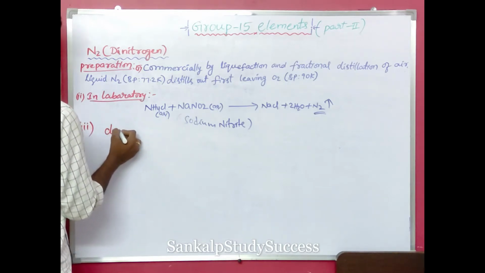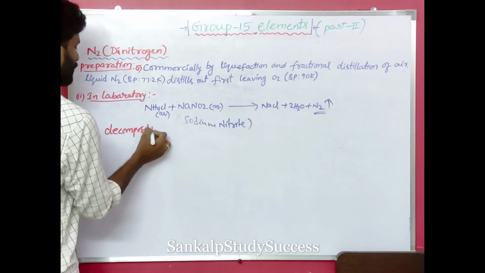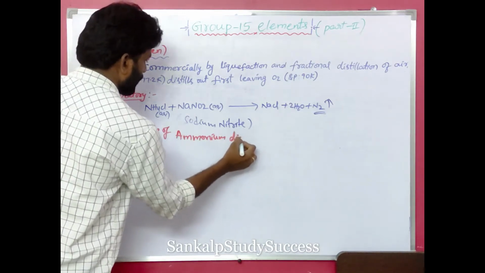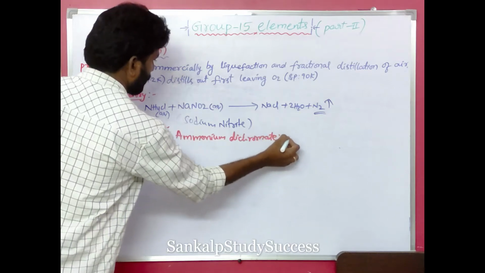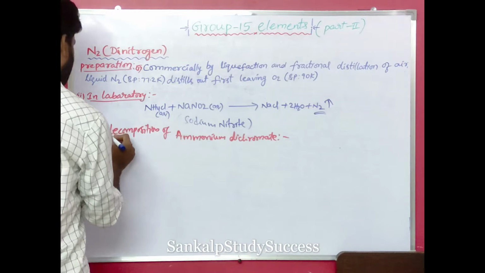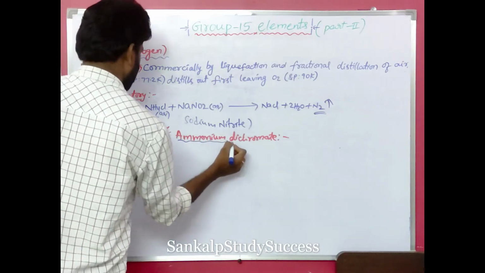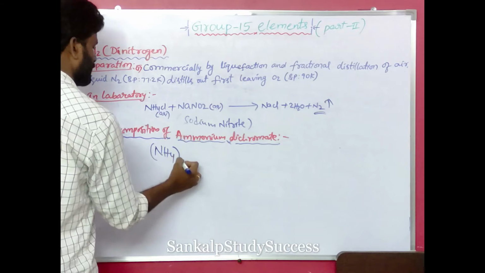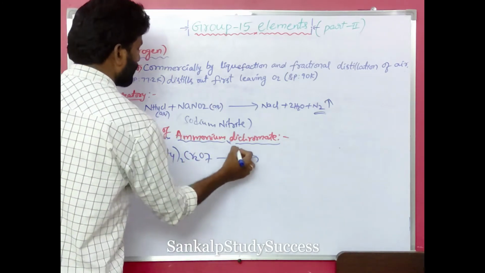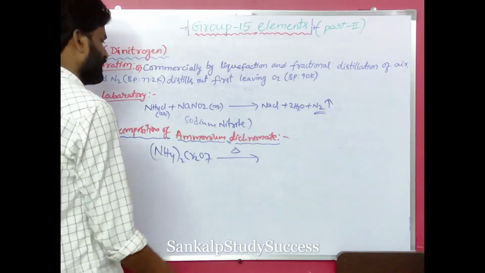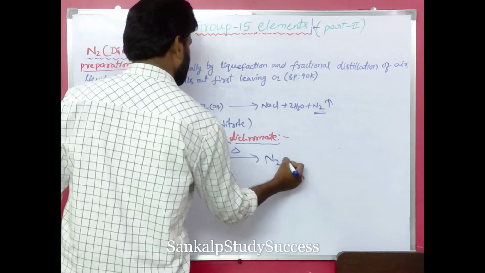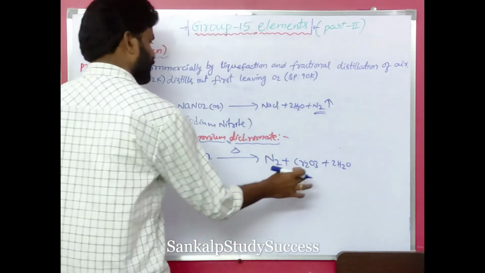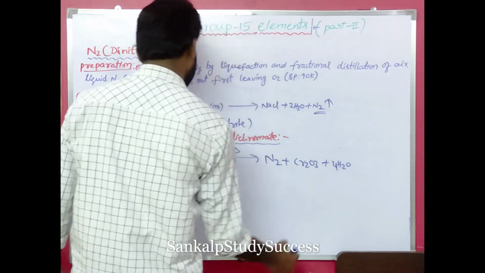The third method is decomposition of ammonium dichromate. We take ammonium dichromate, (NH4)2Cr2O7, which on heating produces nitrogen, chromic oxide, Cr2O3, and 4H2O.